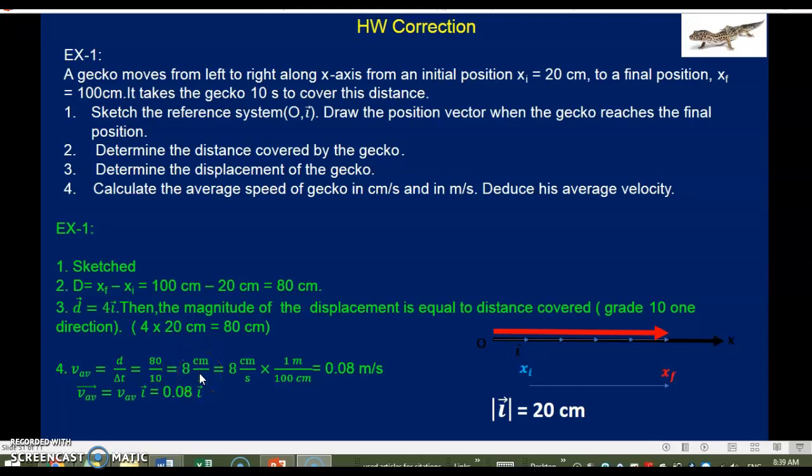Then in meter per second. Now we need to convert from centimeter per second to meter per second. In this case, there is only one unit conversion, the conversion of the unit of distance from centimeter to meter, and we don't have to convert the unit of time.